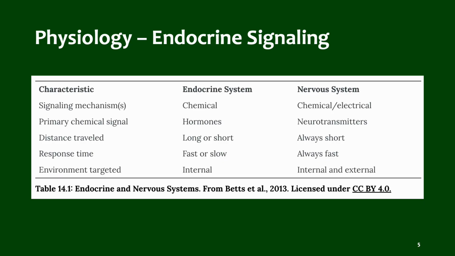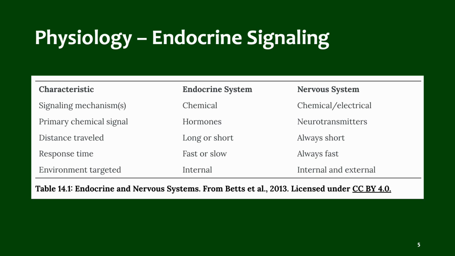The endocrine system releases hormones into the blood, usually slower to start but longer lasting, and traveling short or long distances to tune the body's internal environment. So they're sort of teaming up to make sure our internal body is doing well.